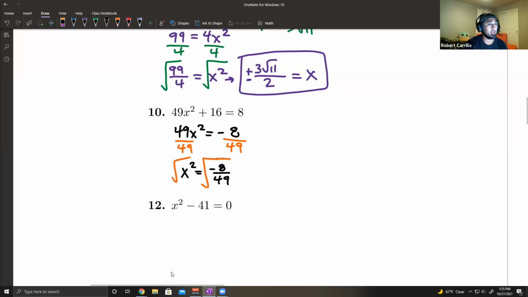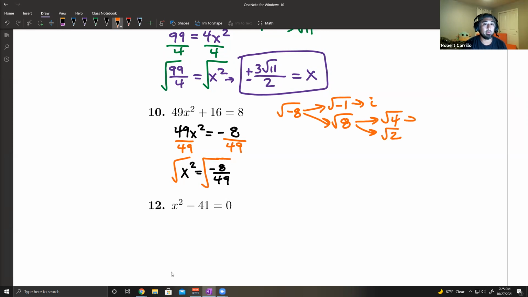So square root of -8. So we know that that broke down into the square root of -1. And then we had the square root of 8. So that was i. And then this broke into square root 4, square root 2, and that became 2. Okay, so you're left with 2 square root of 2 times i.